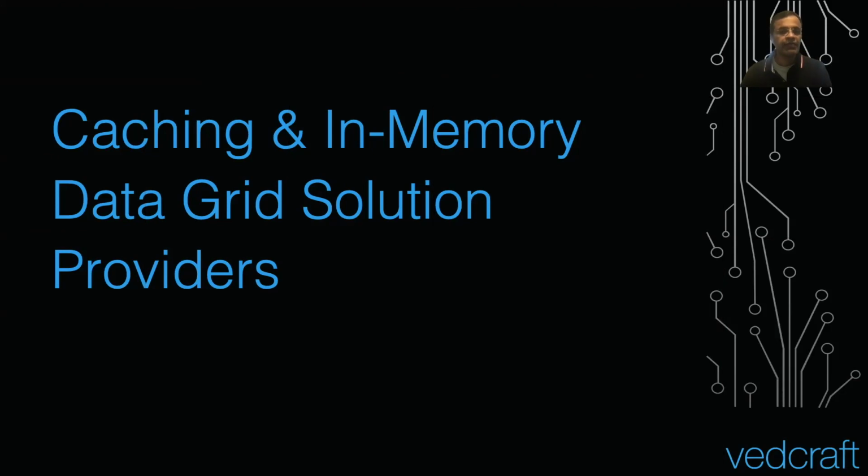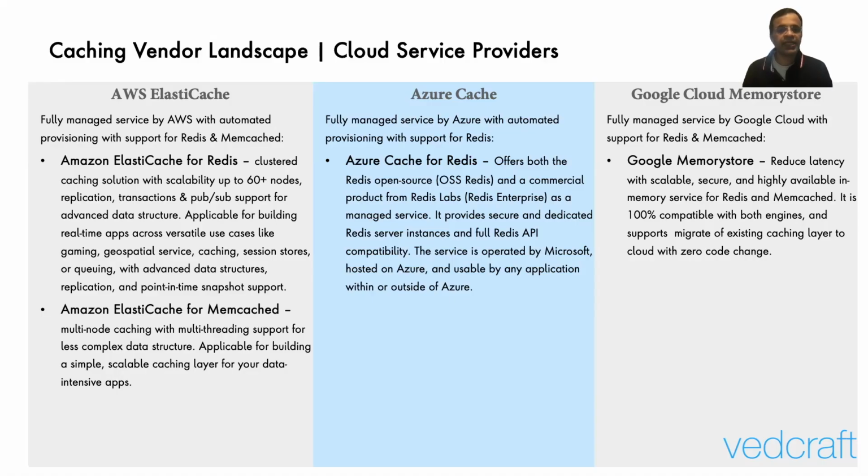So now that we have seen different caching patterns, I just want to highlight some of the key providers which you can use out of the box so that you can implement your caching or in-memory solution quickly. If you look at the big three cloud service providers, AWS, Azure, and Google Cloud, they all provide managed services when it comes to caching. AWS provides ElastiCache for Redis and ElastiCache for Memcached.